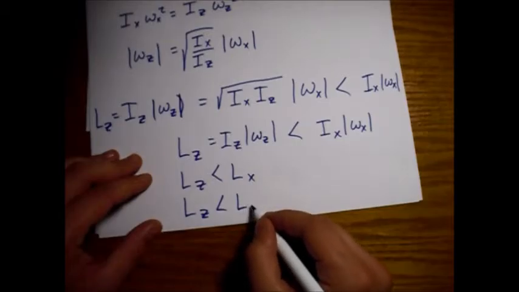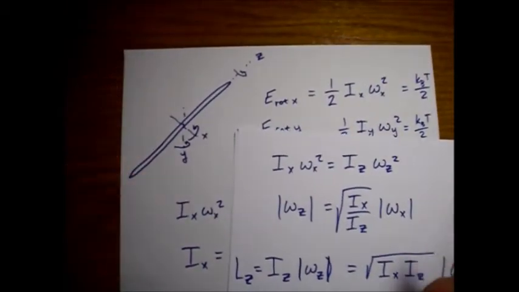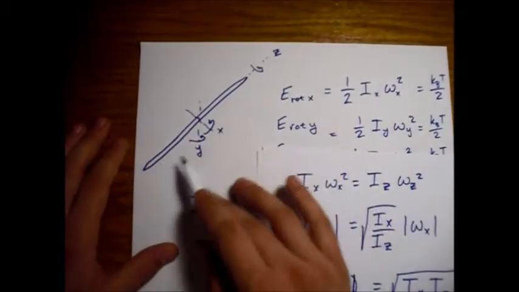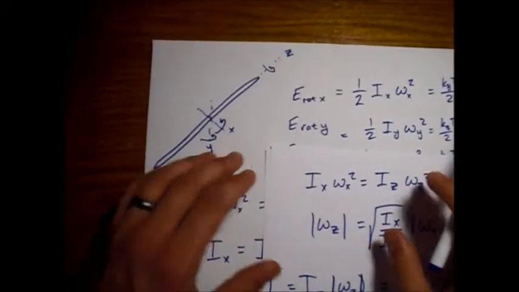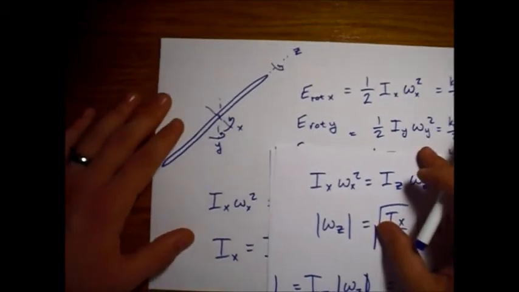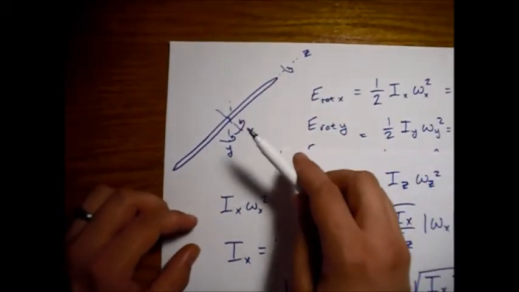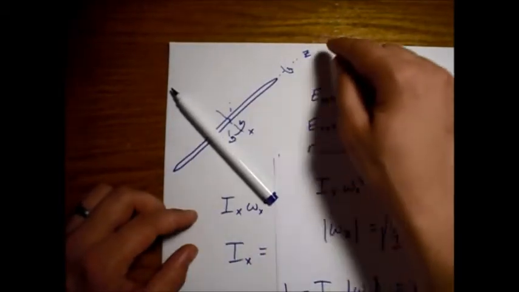All right, so that just tells us that in thermal equilibrium under Brownian motion, one of these long rod-like particles is going to have most of its angular momentum perpendicular to its long axis.